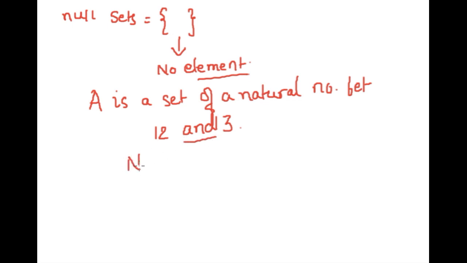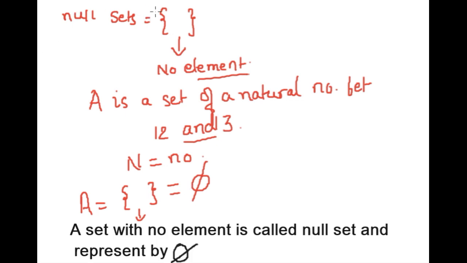No. So in this case there is not any element, and we represent this as blank, and null set is represented by this sign. So finally we can say a set with no element is called null set and is represented by this sign.